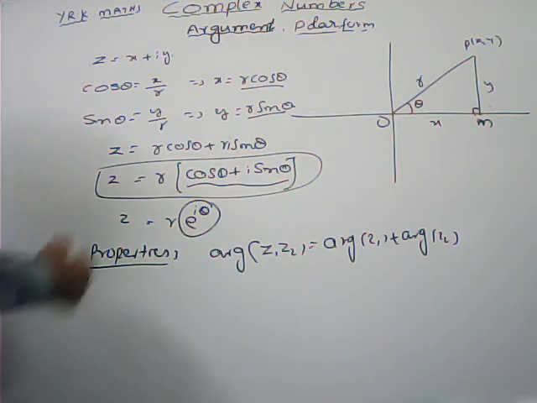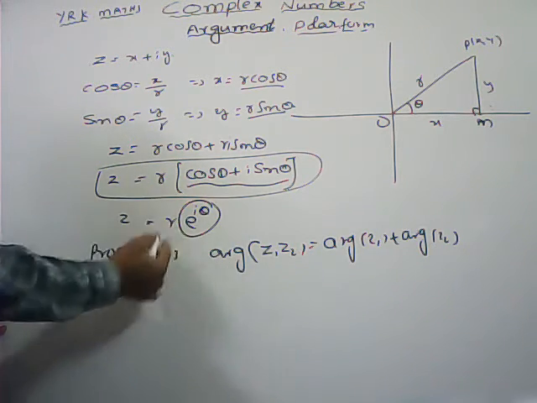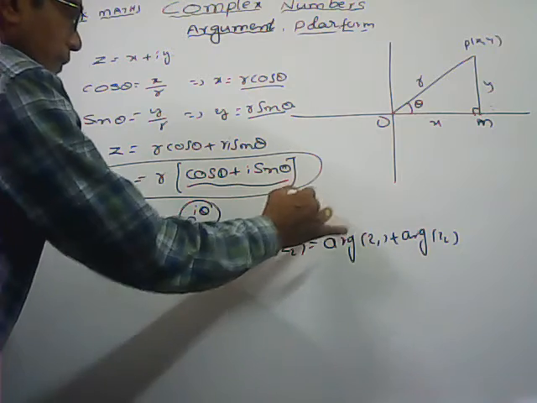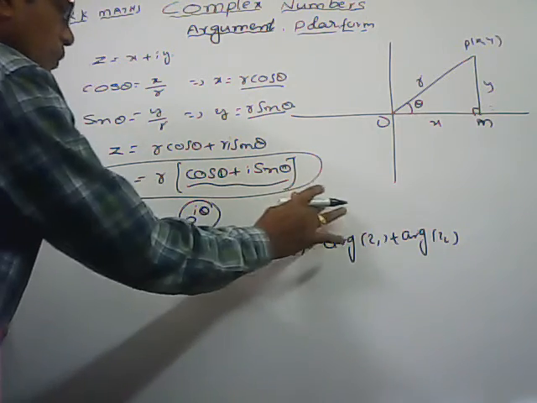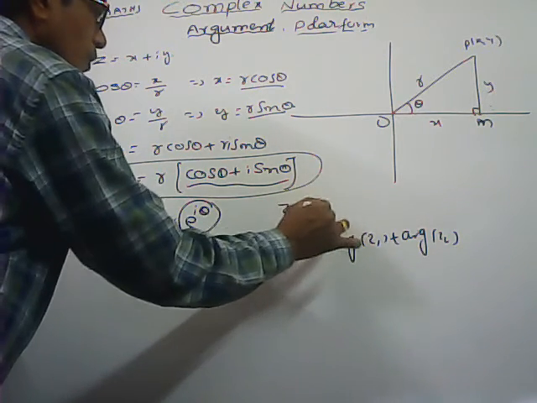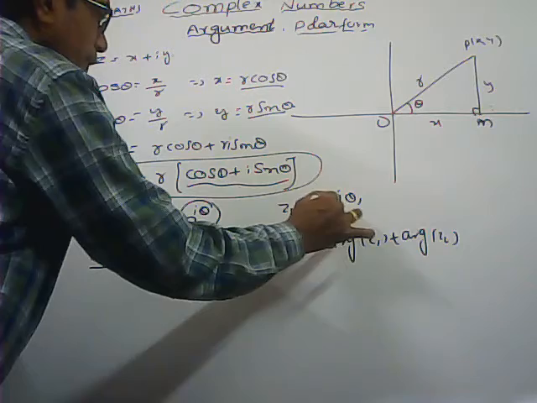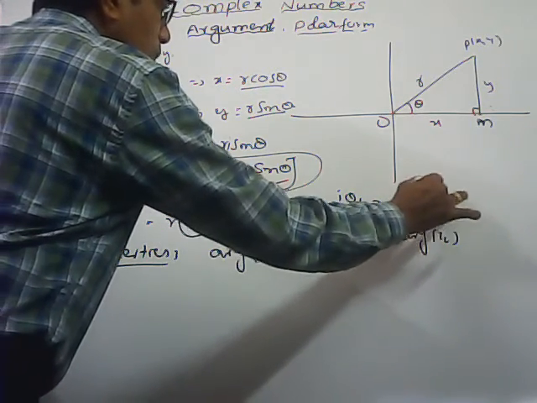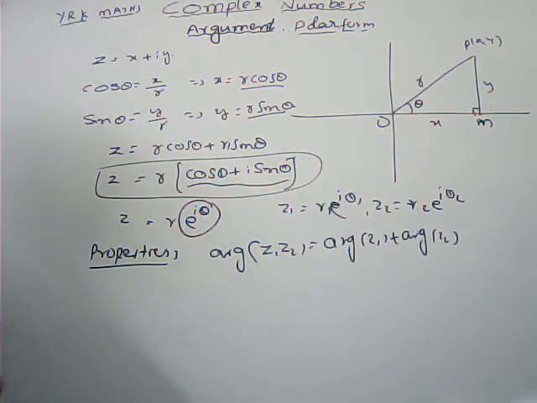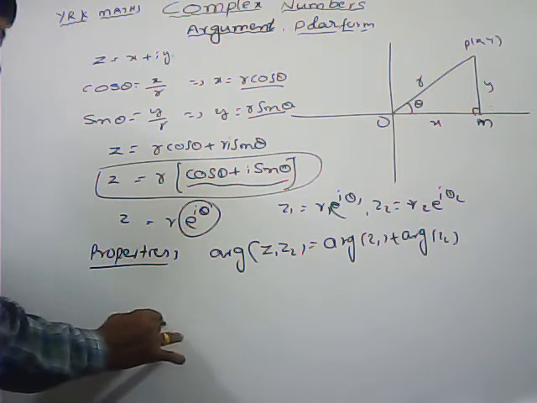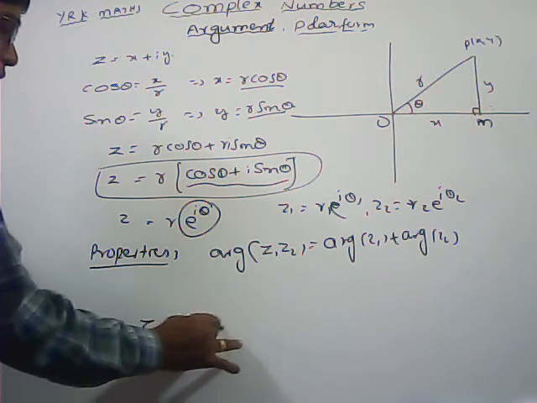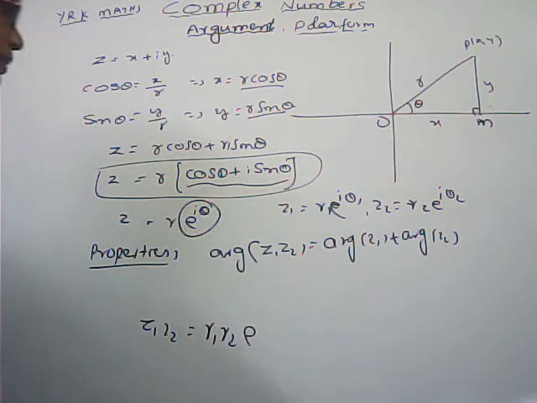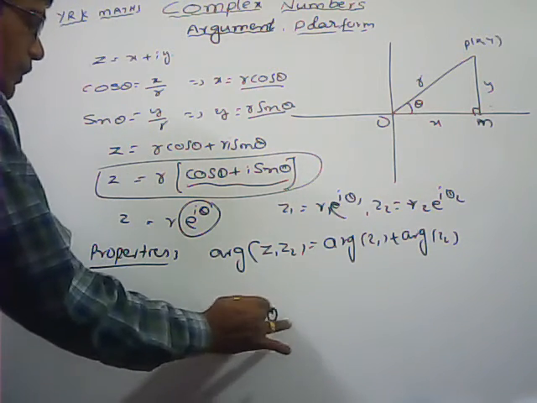Take Z1 in Euler form as R1 into e power i theta 1, and Z2 as R2 into e power i theta 2. Now Z1 into Z2 is equal to R1 into R2 e power, since the bases are the same, you can add the powers, i of theta 1 plus theta 2.